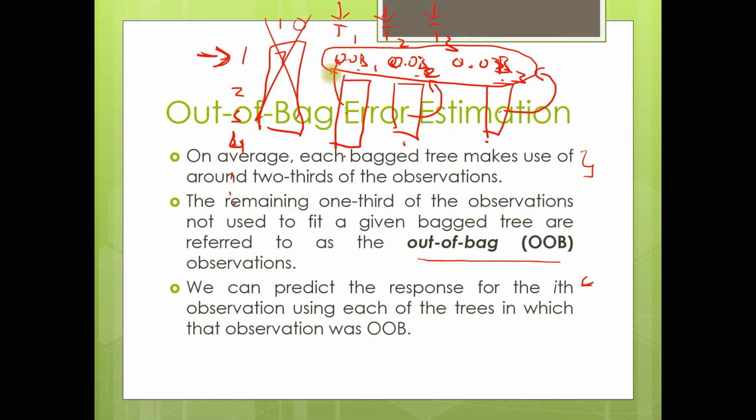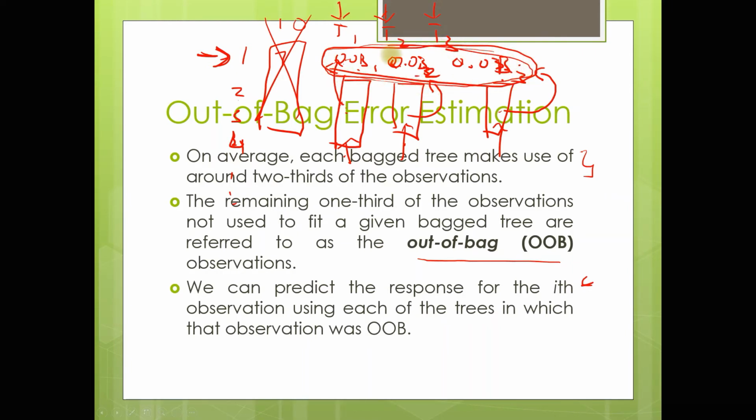So each time that it has become out of bag, what you do is that you are going to predict the result that you get from that tree on this out of bag observation, and from that tree here on this out of bag observation, and that tree here on this out of bag observation. And then in the end, what you do is you do an average of all these prediction errors that you will get.